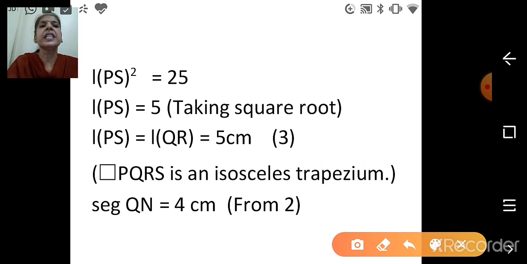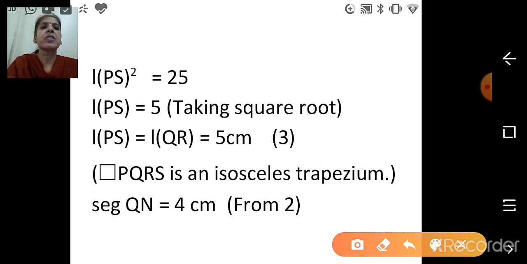Now we have seen it is an isosceles trapezium. It means non-parallel sides are congruent. So we got PS as 5, so QR is also 5 centimeter, because PQRS is an isosceles trapezium.